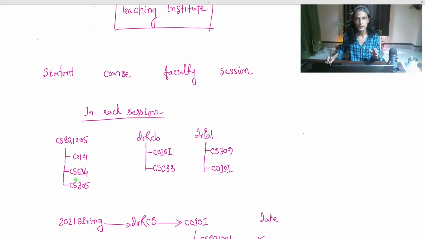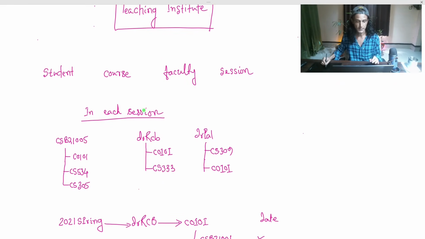Now another student, say CSB21006, whether that student will also take these 3 courses or a different set of courses, we are not concerned about that. We only know that a student will register a set of courses in a given session or semester.